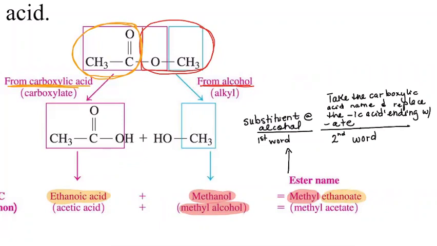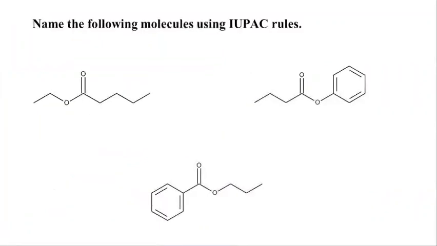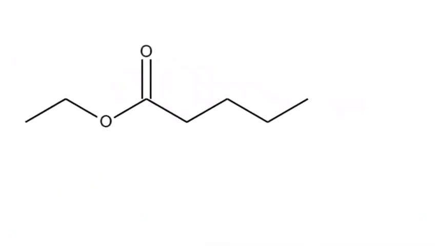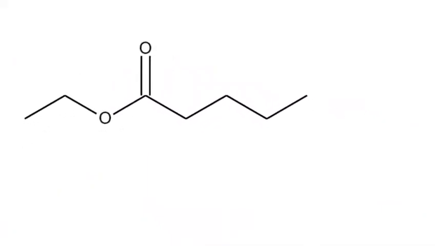Let's try a few problems so we can solidify the concept of naming esters. I'm going to walk you through the first example. If I create a borderline, meaning I identify which alcohol combined with which carboxylic acid, that boundary needs to always be between the single bond oxygen and the carbon double bonded to oxygen.